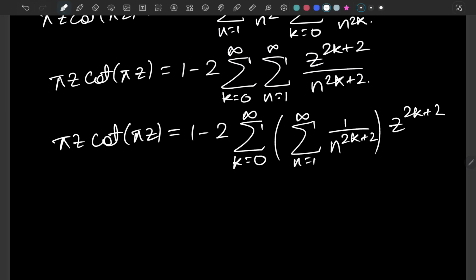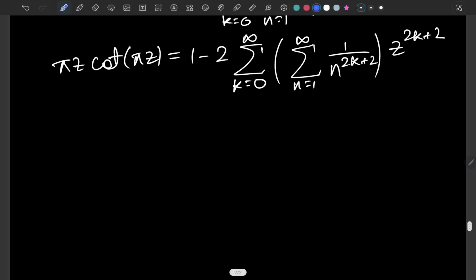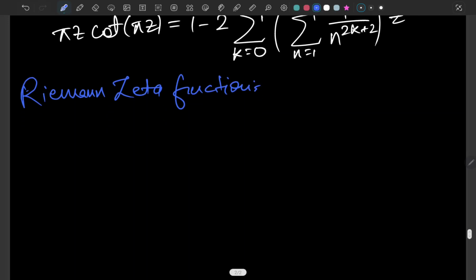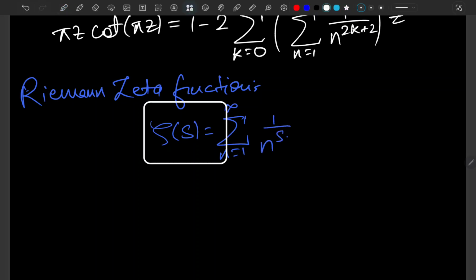Okay, and now we know the Riemann zeta function definition. Riemann zeta of s is the sum as n goes from 1 to infinity of 1 over n to the s. So this is what Riemann zeta of s is all about.